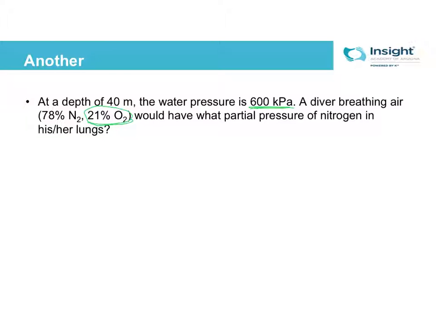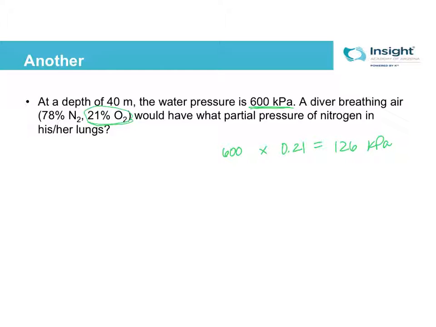All right, so if we know 21% of the gas is oxygen, that means 21% of our total pressure is going to be related to the oxygen. So you take that 600 and multiply it by 21%, which is 0.21, and you get 126 kPa due to the oxygen.